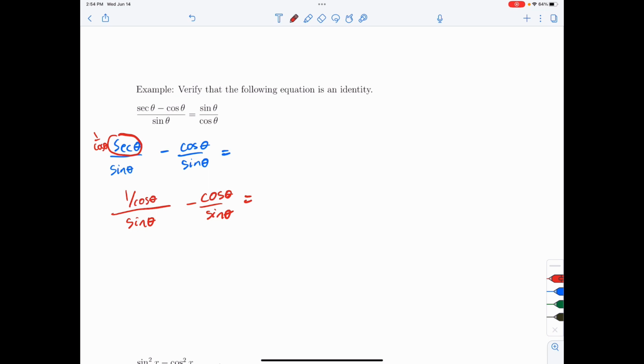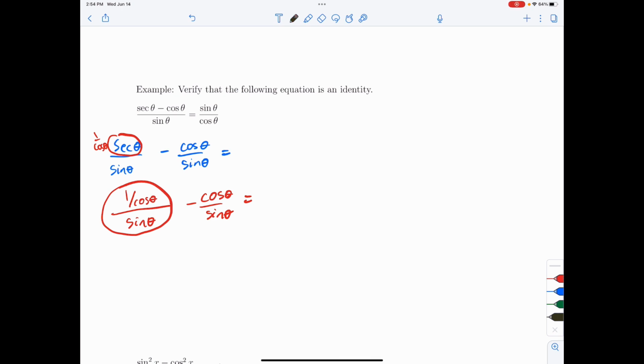And so on the right-hand side, I don't necessarily need to keep writing sine of theta over cosine theta. If I'm not doing anything, we can just bring it down at the very end. But it is important that we write those equal signs so that it's clear when one step ends and the other one begins.